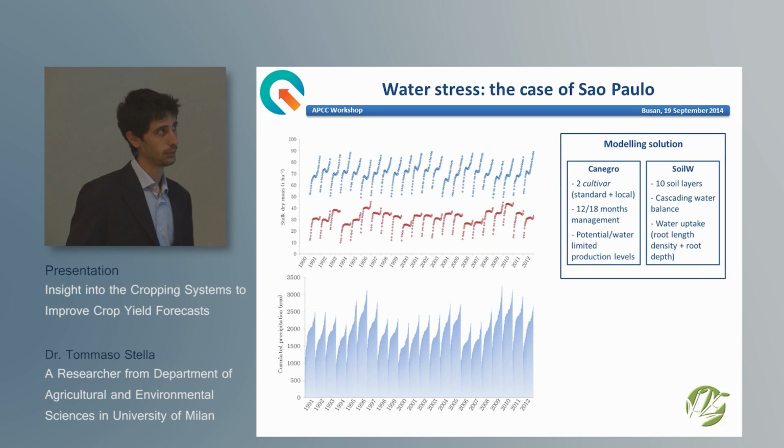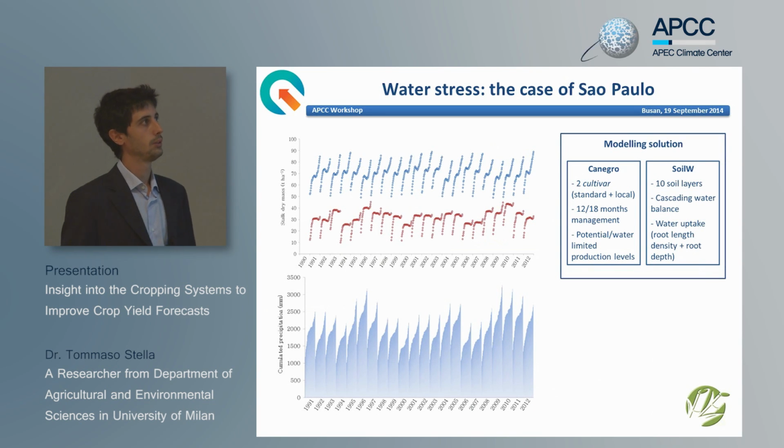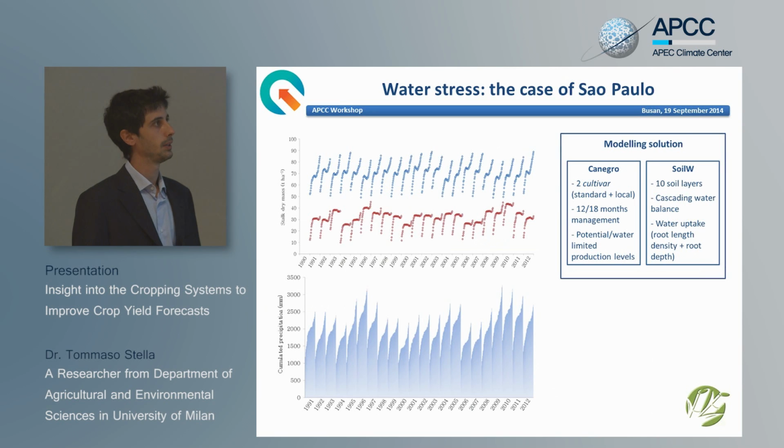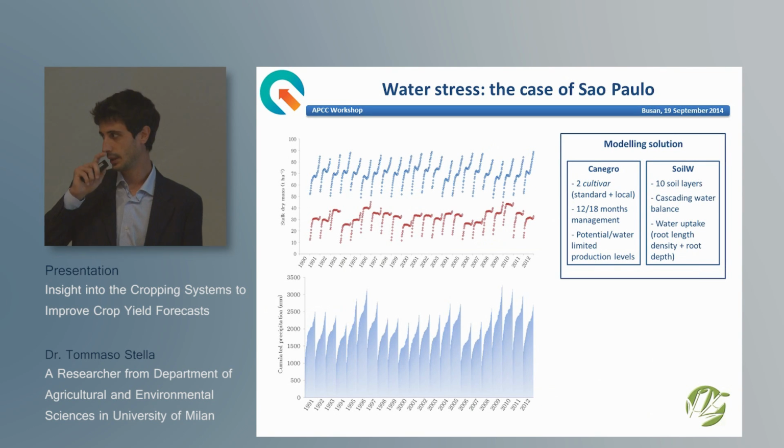To answer this question, we prepared a modeling solution made up of the sugarcane model CaneGrow, used to simulate both the management and the potential and water-limited production levels. And we coupled it with a soil-water component used to reproduce the water redistribution within soil.